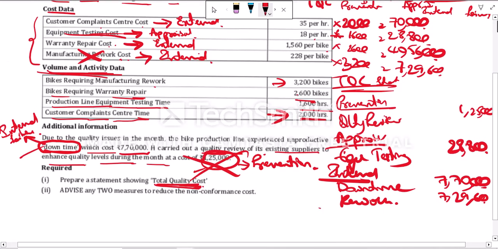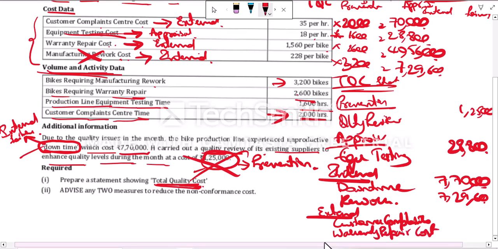We have two external failure costs: customer complaints and warranty repair cost. Customer complaints is 70,000 and warranty repairs is 40,56,000.